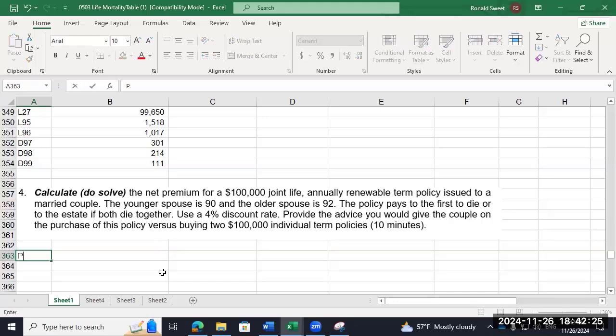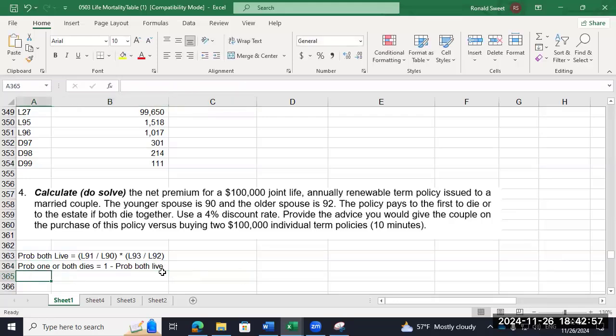So let's figure it out. The probability both live is going to equal L91 divided by L90 times L93 divided by L92. Probability one or both dies equals 1 minus the probability both live.